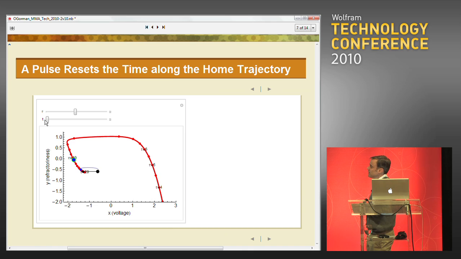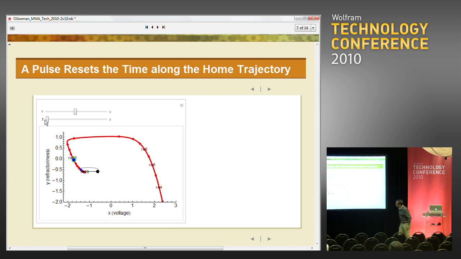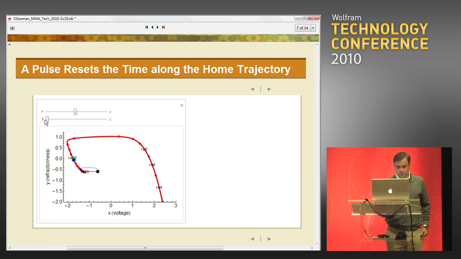You're moved back, instead of from around tau equal 20 all the way back to tau equal 4, from a large value of tau to a slightly smaller value of tau, tau equals 10. So a pulse that arrives when you're slightly more refractory sets you back a little bit in time, but not a lot. This shows the approximation and how the blue and the black join up.